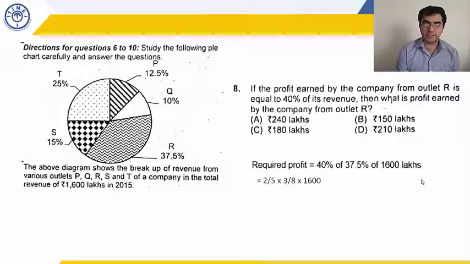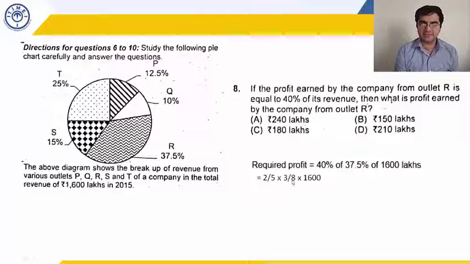And again, we will do it very, very quickly. We know that 40% is 2 by 5. 37.5% is 3 by 8. No need to calculate. You know all of these things already. Into 1600. So divided by 8, this becomes 200.